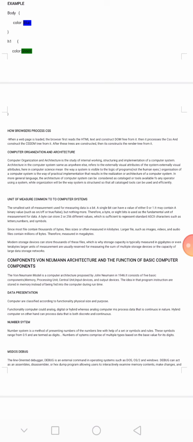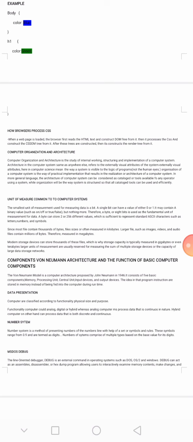Organization of a computer system is the way of practical implementation that results in the realization of the architecture of a computer system. In more general language, the architecture of a computer system can be considered as a catalog of tools available for any operator using the system. The whole organization will be the way the system is structured so that all catalog tools can be used efficiently.